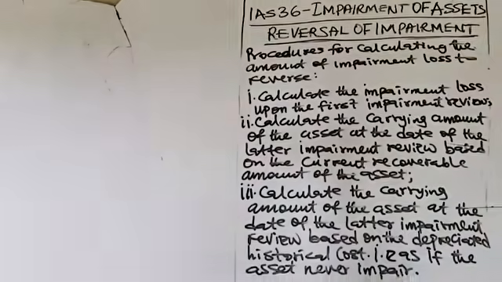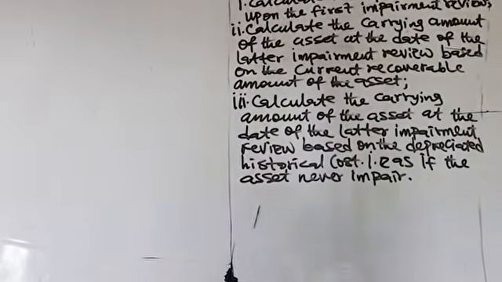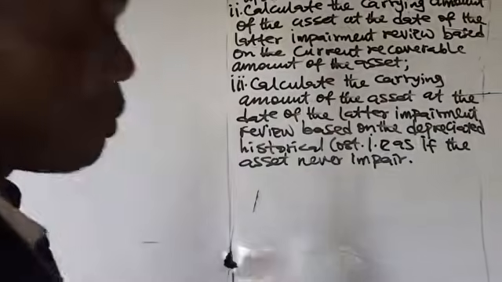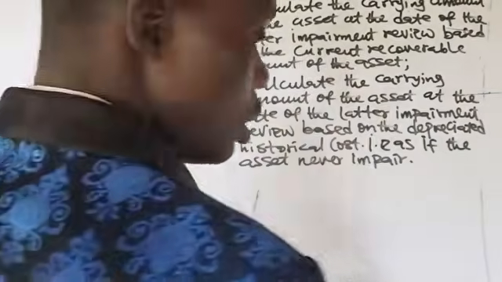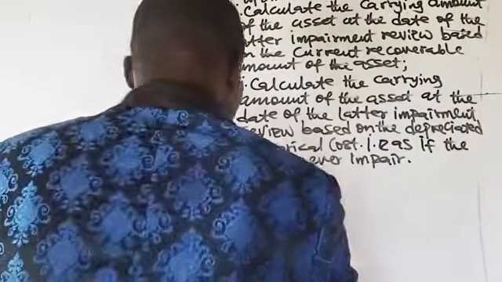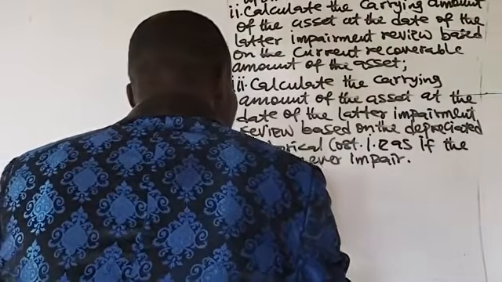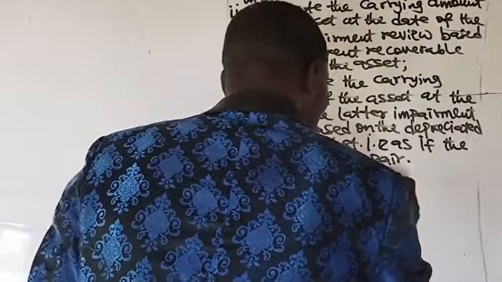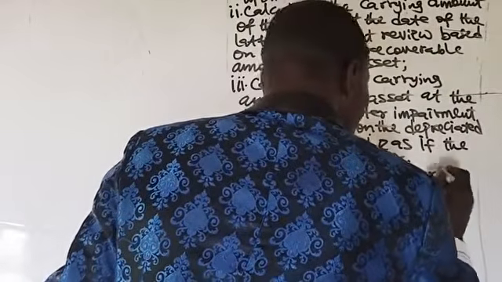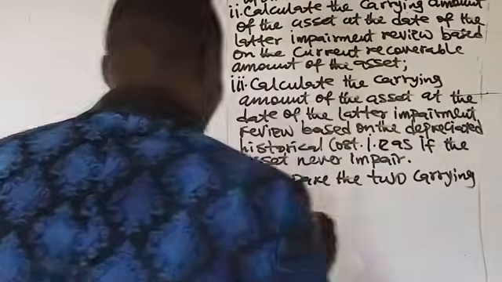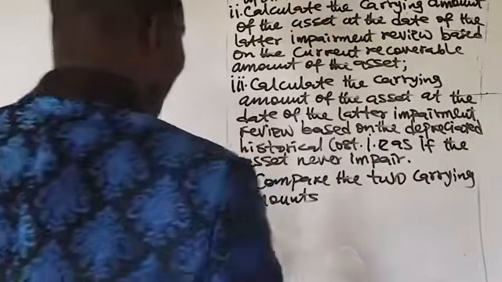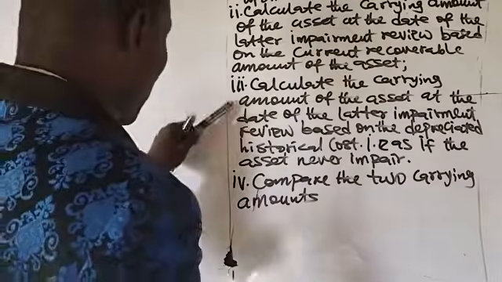Number four, you compare the two carrying amounts to determine the amount of impairment loss to reverse. That is the carrying amount at step 2 and the carrying amount at step 3.